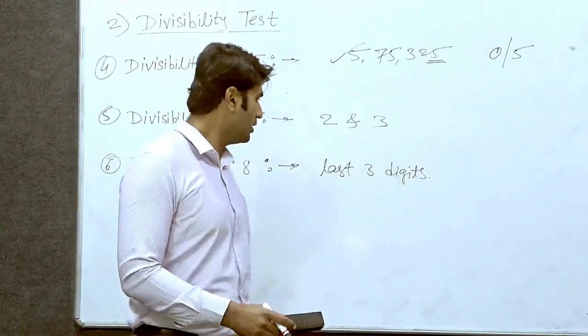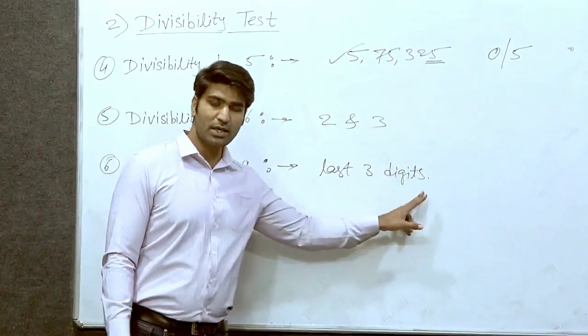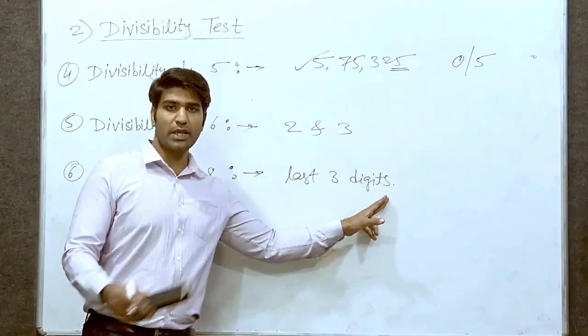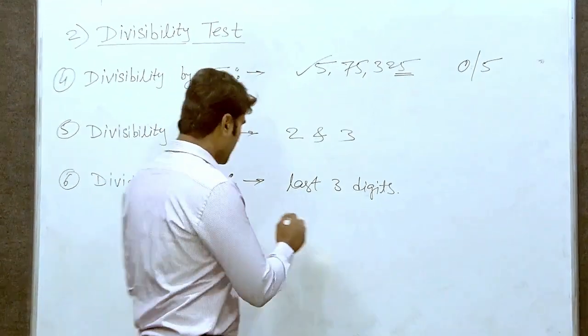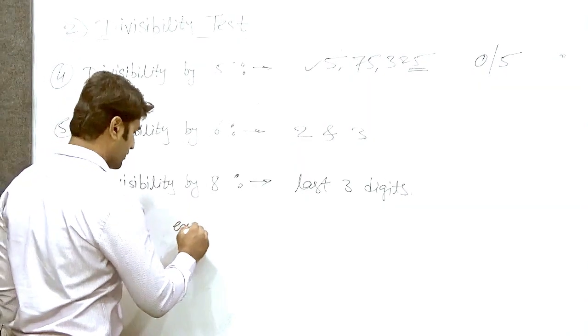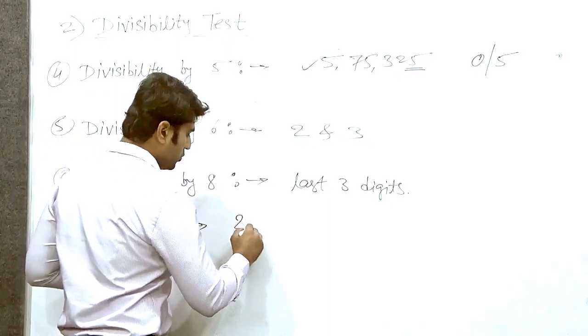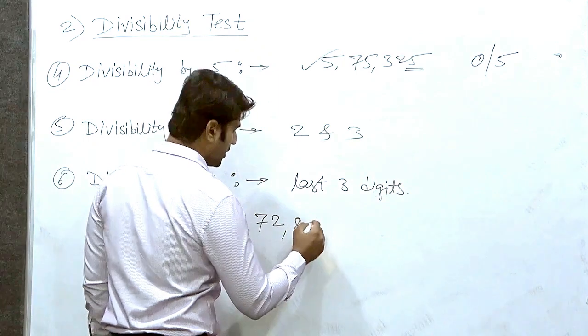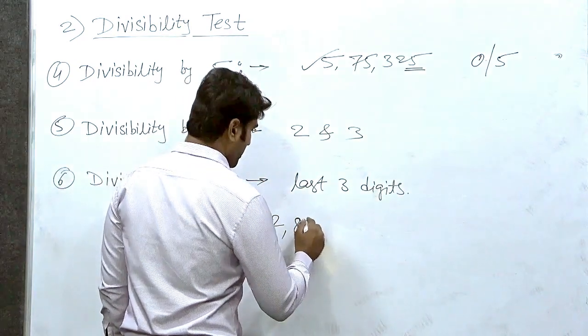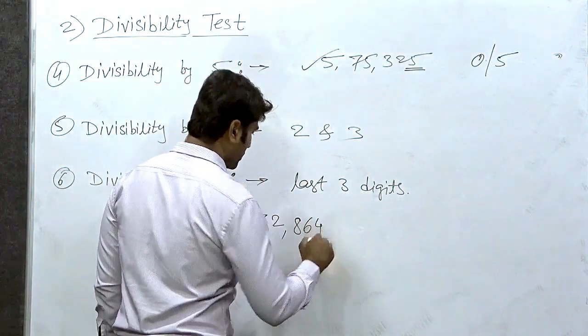In the same manner, if the last 3 digits are divisible by 8, then the whole number is divisible by 8. For example, 2,72,864.